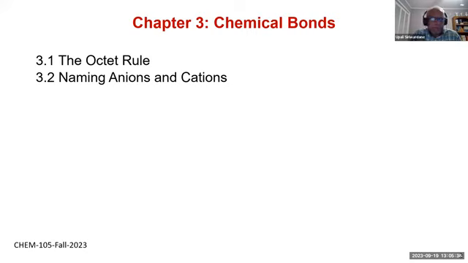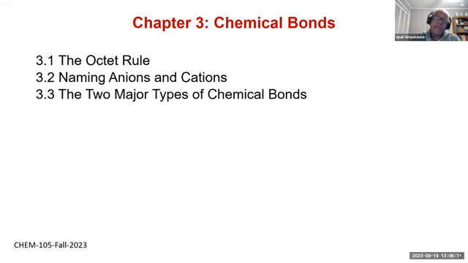One is losing whatever electrons they have to form cations, or the other way is to gain electrons. Normally metals lose electrons to make cations. Non-metals gain electrons to make anions. So we're going to look into how the anions and cations formed are named.